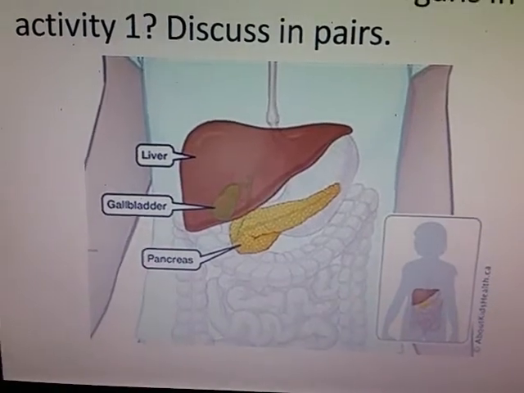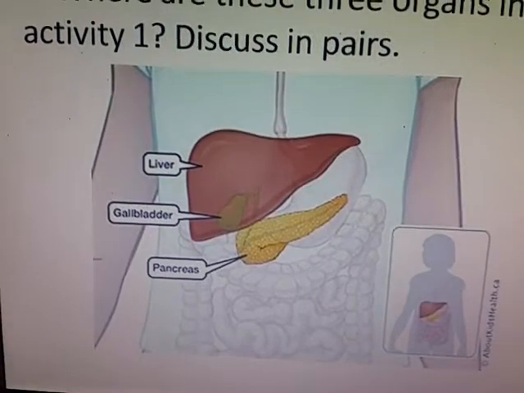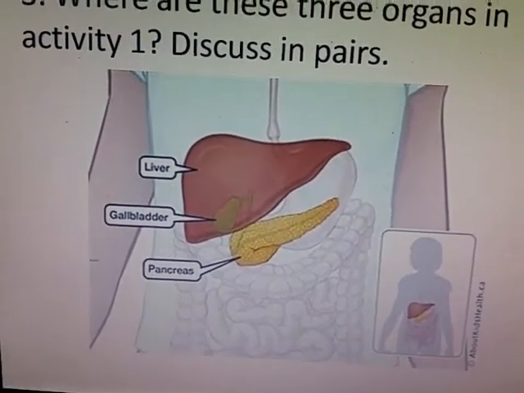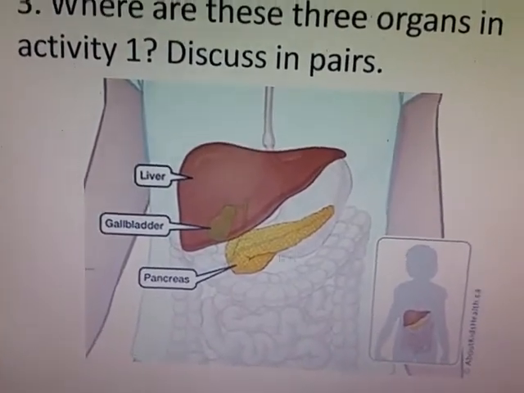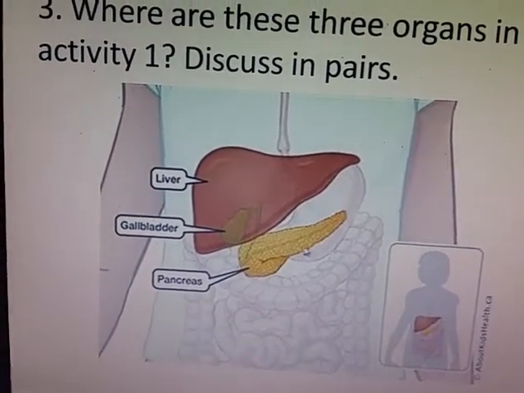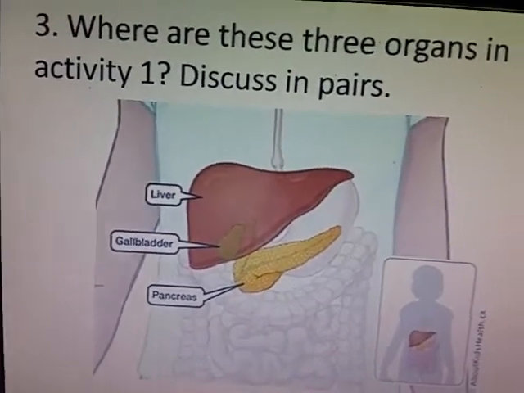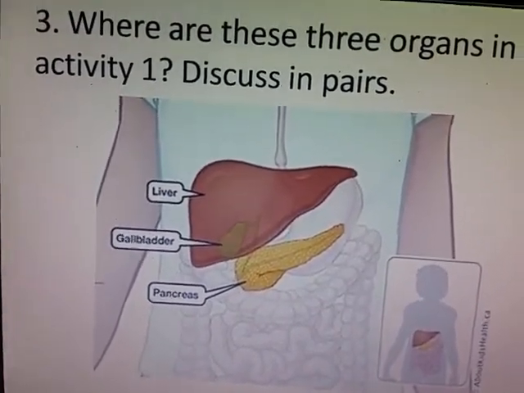Liver is the English for hígado. Okay, liver is hígado, and it provides some help to the digestion. It gives us some acids to break down the food, and also absorbs a little bit part of the food.